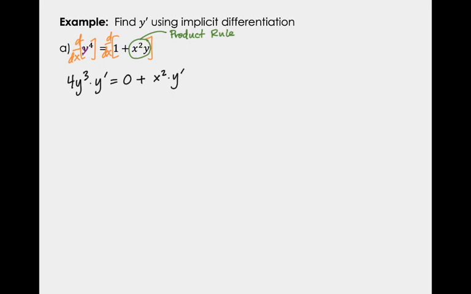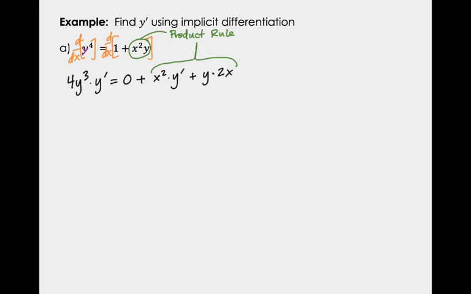Okay, remember, every time we got a y, it's different than an x. So that's my first times the derivative of the second, plus the second times the derivative of the first. Derivative of x squared is going to be 2x. Anything that just has x's is treated normally. Okay, so that product rule gives us those two terms there.